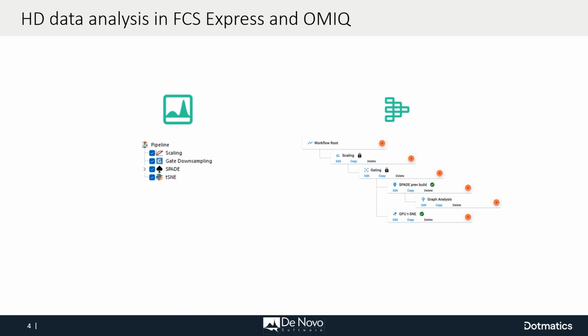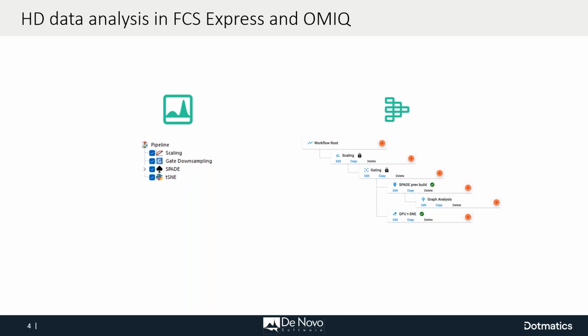So you see, those are two basically identical pipelines, or workflows, whatever you want to call them. At the beginning, you have scaling, then gating, then SPADE, and then t-SNE. It's just an example. Those are very short pipelines or workflows, as you prefer, and you can run them in both software.